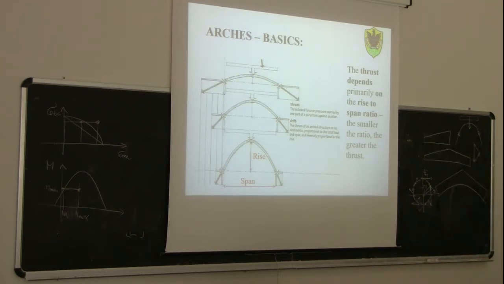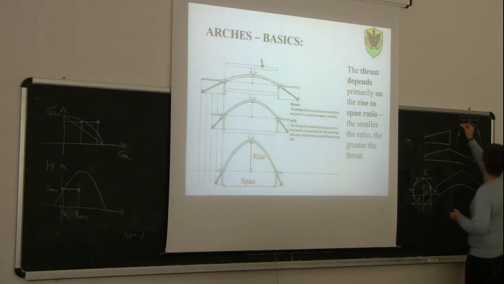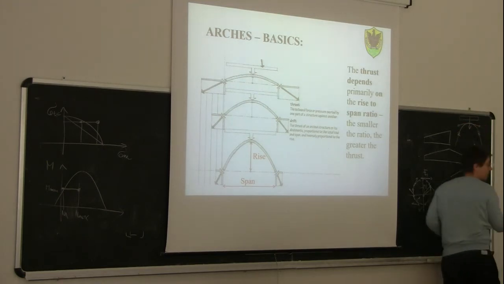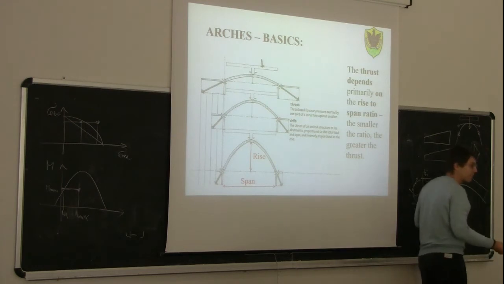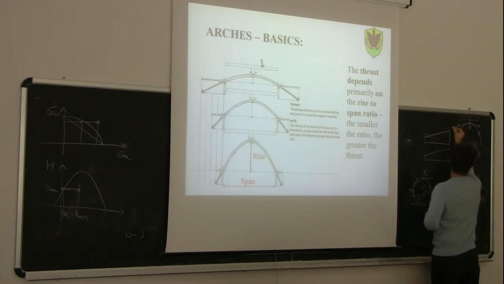So if we keep this force, this vertical force, constant, and we change the shape, if we go to a shape like this one, the load is always the same. But of course, in this case, the restraint reaction will be something like this.